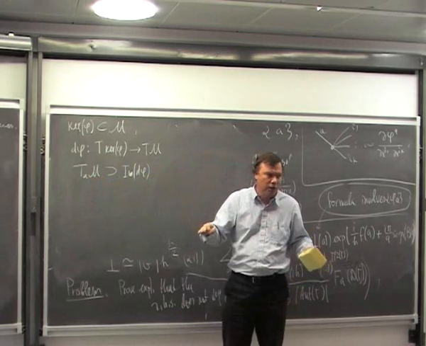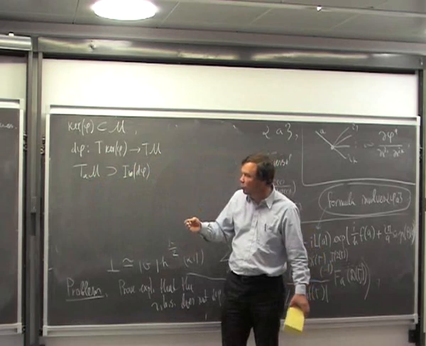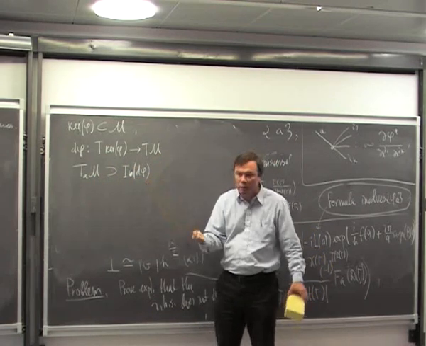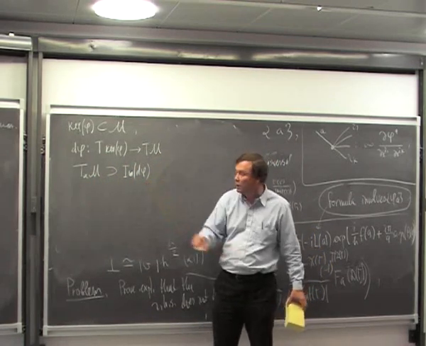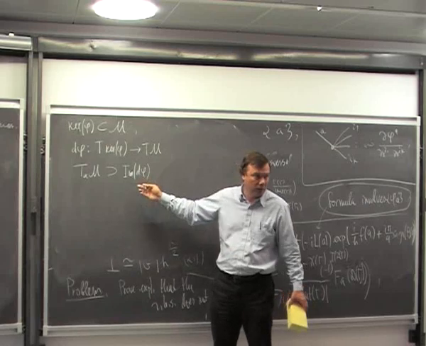Right. So the tangent space is a vector space. So at any point we have the subspace in this vector space, which is the image of the kernel.